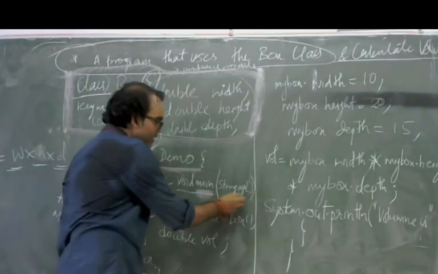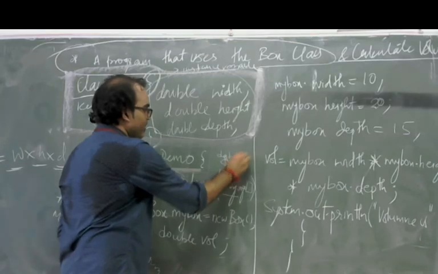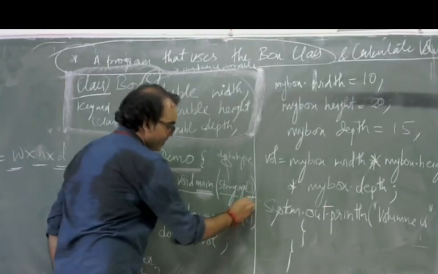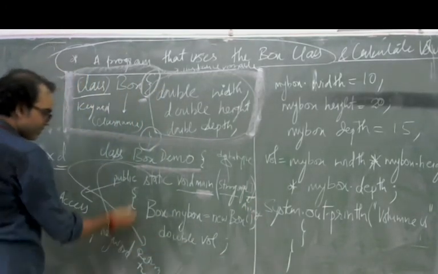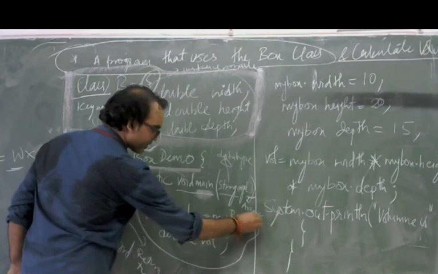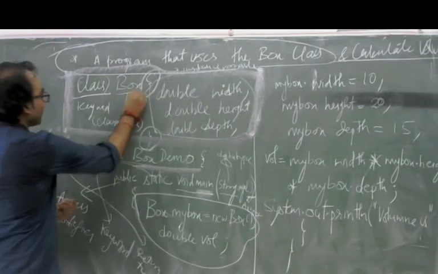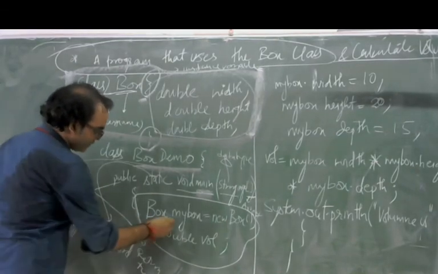String arguments. String is the data type defined by default in Java, and args will be created like an array. Here, the most important thing: this class, we initialize this class, Box.